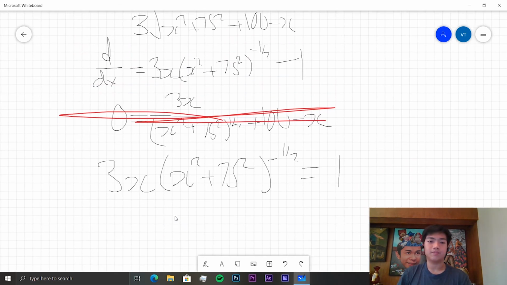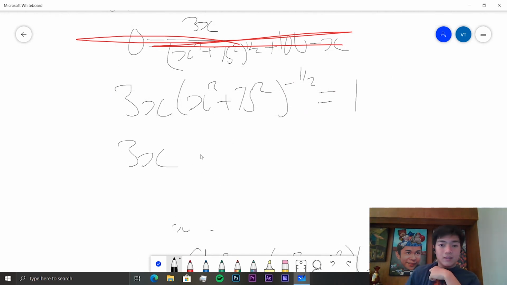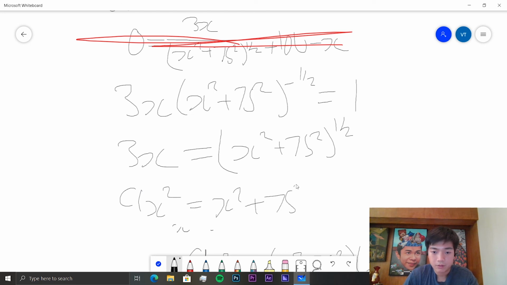So what can we do here? 3x is equal to x squared plus 75 squared to the power of 1/2. So 9x squared is equal to x squared plus 75 squared.